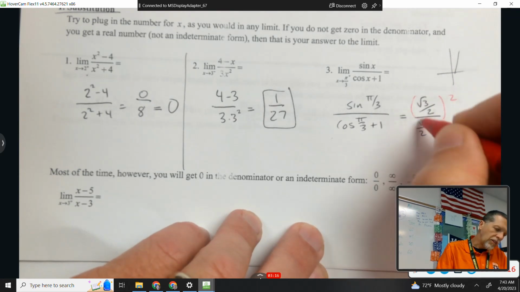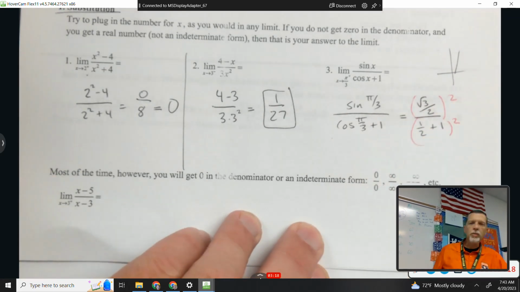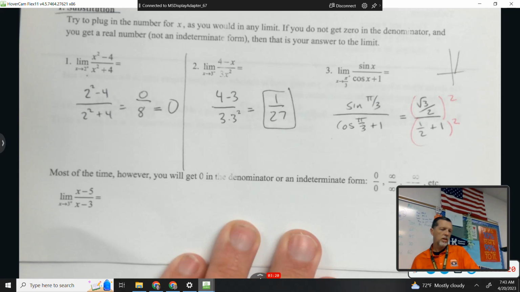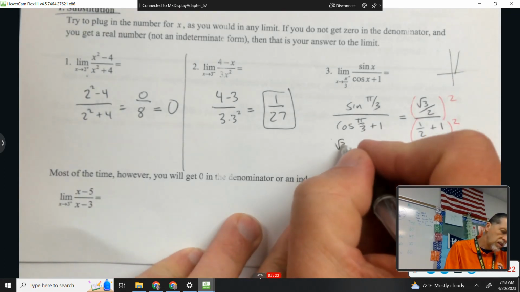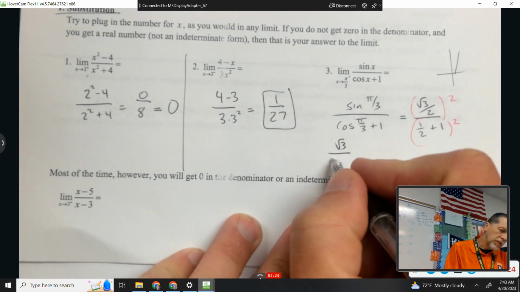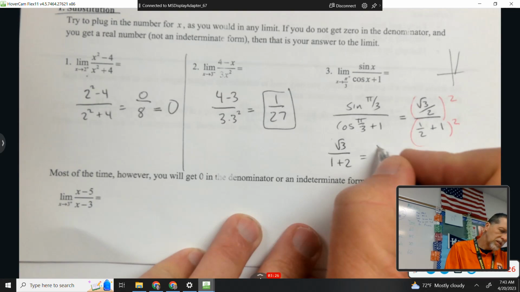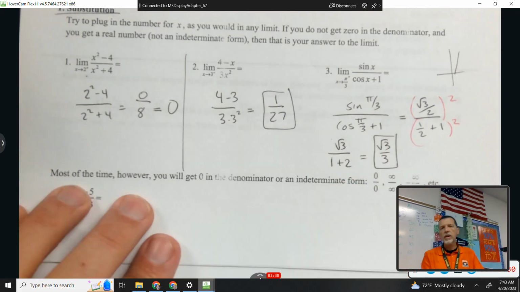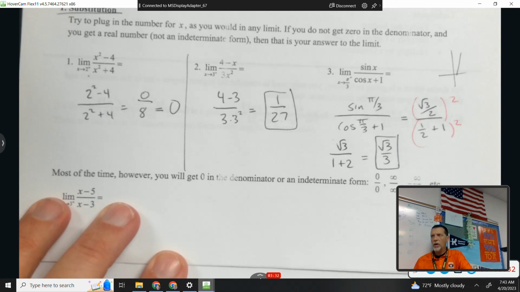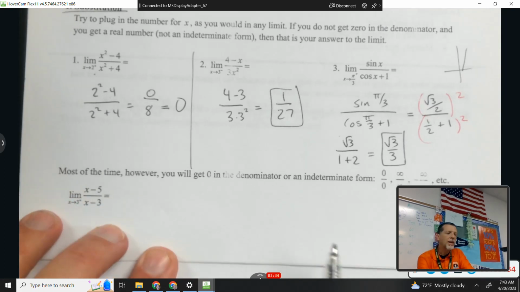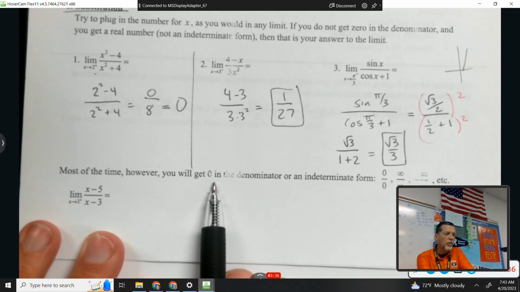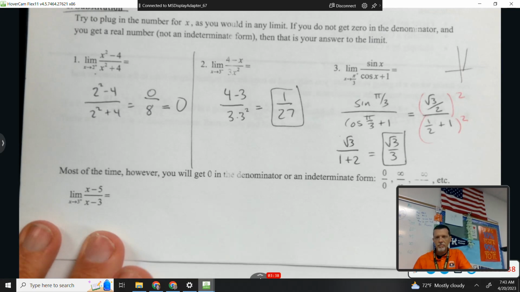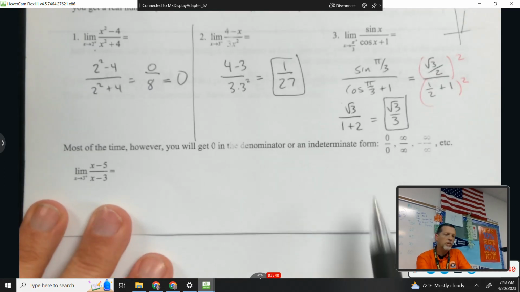And I think following yesterday's style, I'm going to multiply top and bottom by 2. So root 3 over 1 plus 2. Root 3 over 3. Perfectly fine answer, meaning as long as we don't get 0 in the denominator, or one of those indeterminate forms, then we're okay.